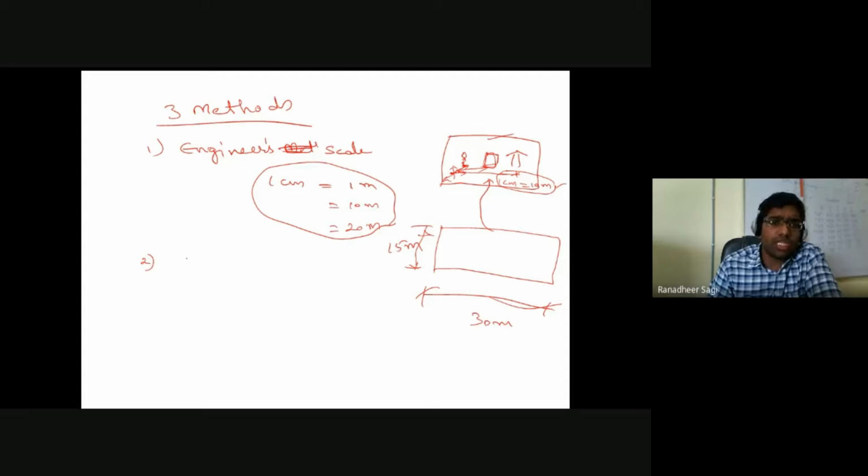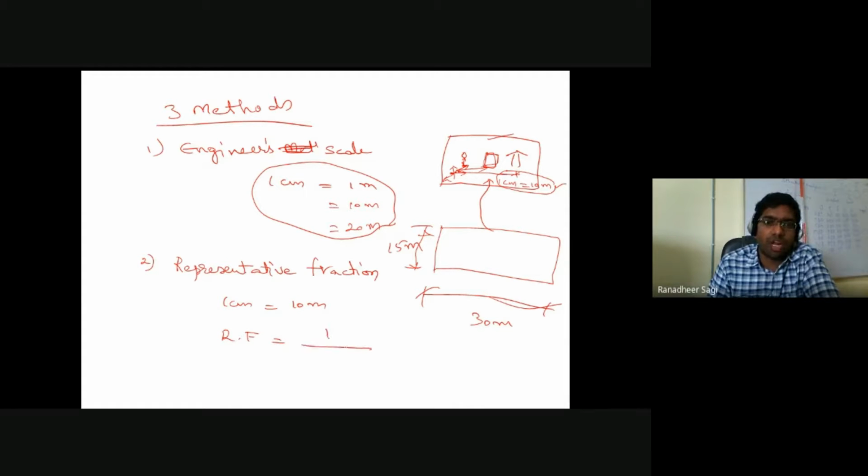The second method of representing the scale is your representative fraction, which we have already talked about. What does this representative fraction mean? If the scale is 1 centimeter is equal to 10 meters, then my representative fraction is 1 centimeter by 10 meters.